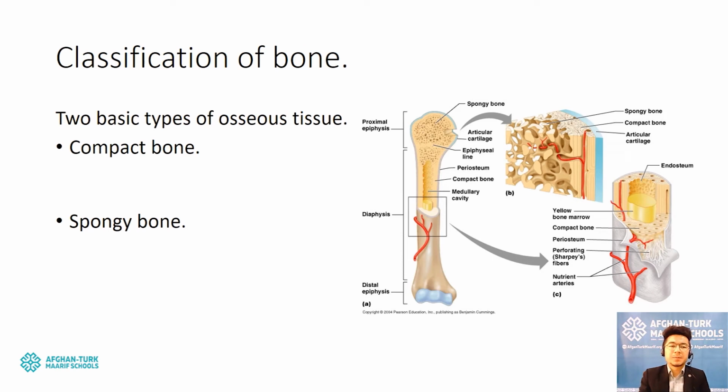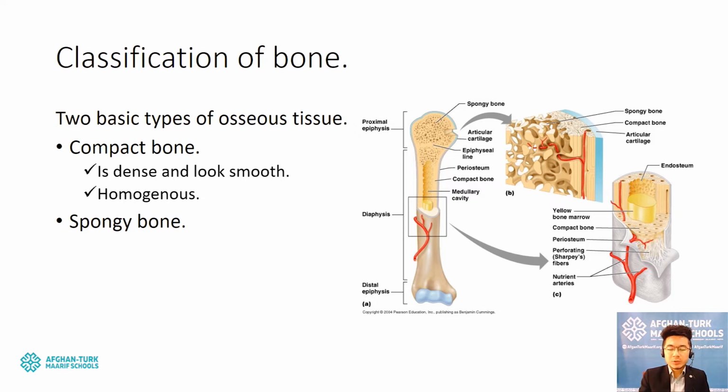Classification of the bones. You should know that we have got two types of bone tissue. The first one is compact bone and the other one is spongy bone. Compact bone is the type of bone which looks smooth and is very dense. That is why it is called homogeneous.